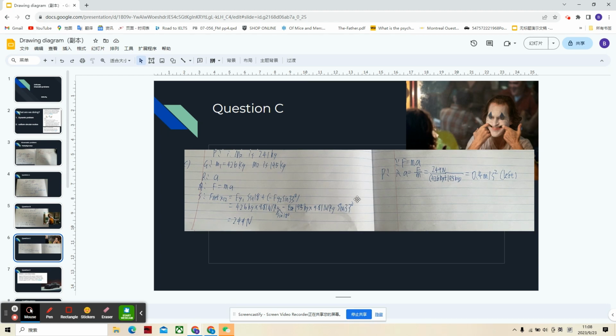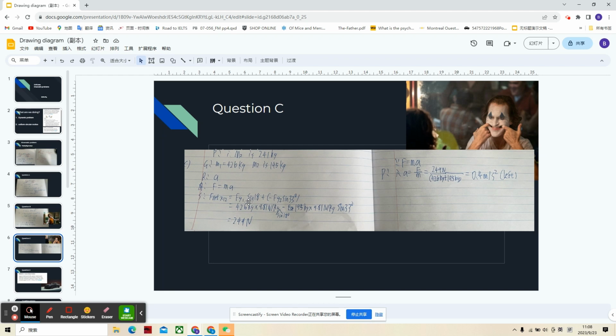After we analyze all these together, we can see that the net force on the x direction is 249 newtons.